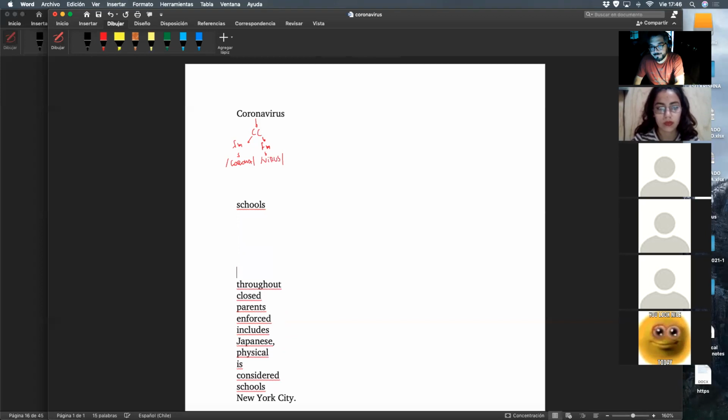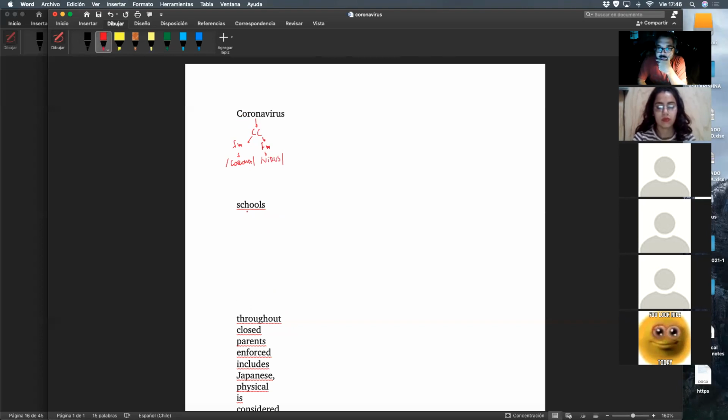Luego, schools. Schools es complex, ¿cierto? Hecho del free morpheme school y tiene un bound morpheme suffix inflectional Z1. Recordemos que Z1 es plural.